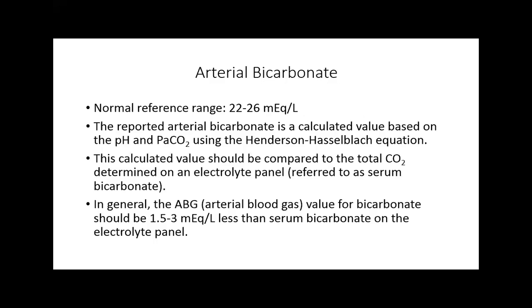We'll just use the arterial pH and PaCO2 and the Henderson-Hasselbalch equation to calculate a bicarbonate, and it should be within about 1 to 3 milliequivalents per liter of the serum bicarbonate.